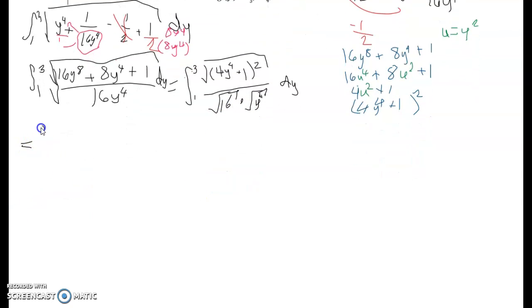This then equals the integral from 1 to 3. So basically, since this would equal 4, we're just going to move that back out, and it's on the denominator, which would make this 1 over 4.